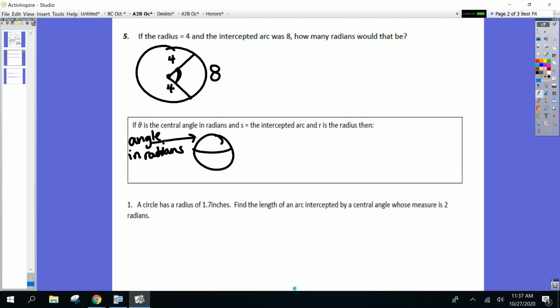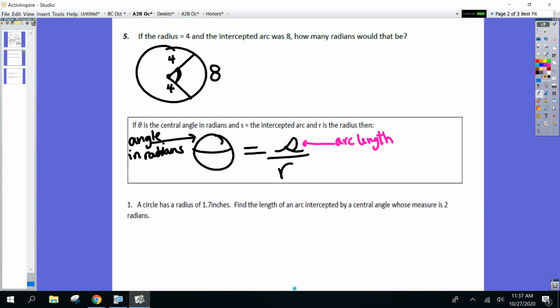That's my angle in radians. And that angle is always equal to the arc length, which we're going to call S, divided by the radius length.